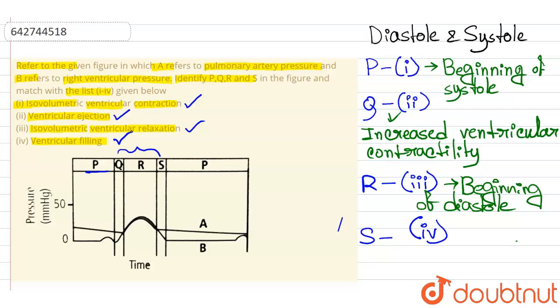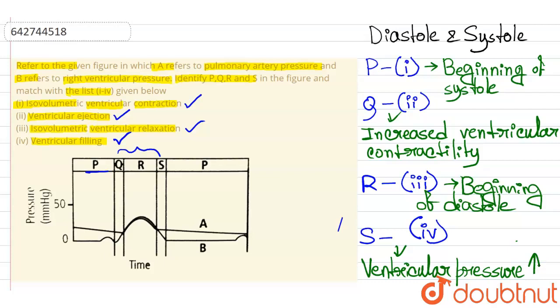So here at this point the ventricular pressure gradually increases.